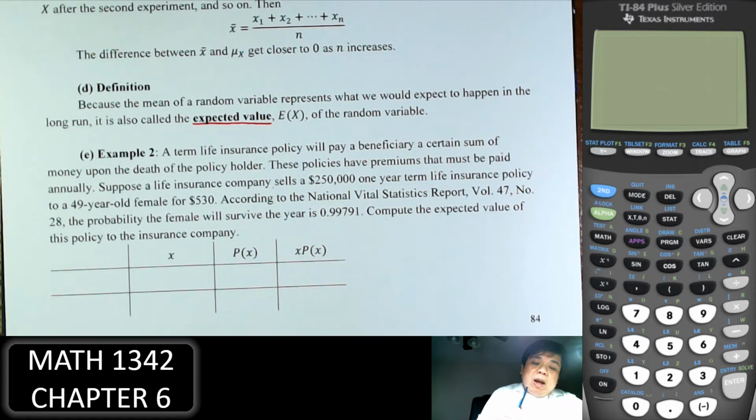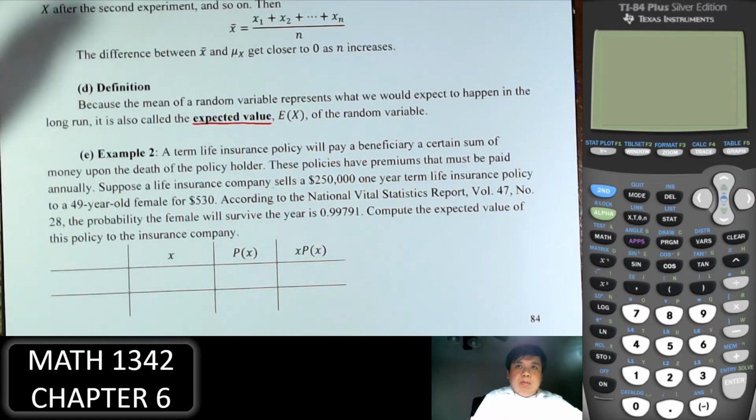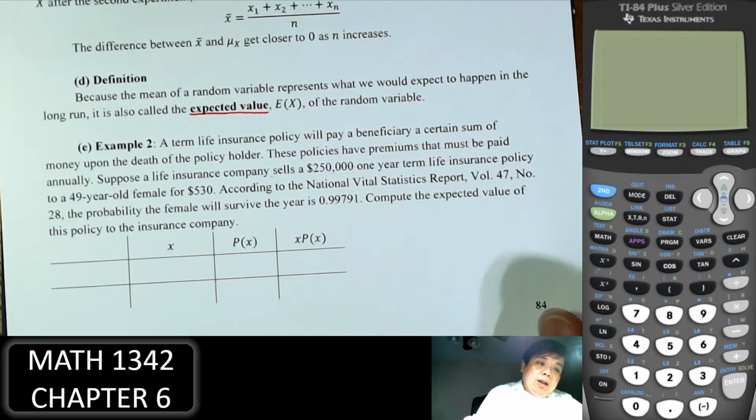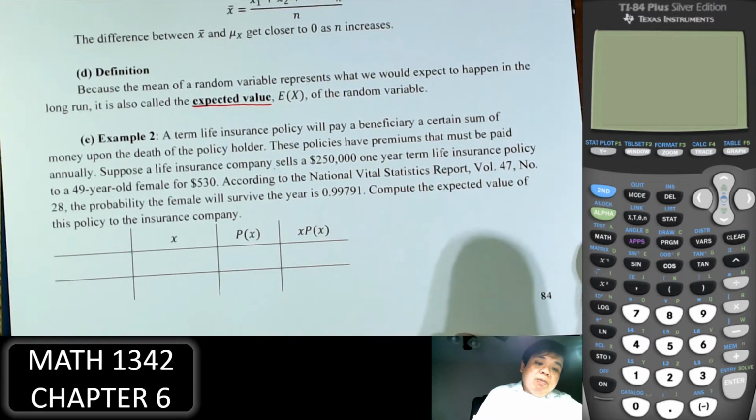Compute the expected value of this policy to the insurance company. So this is with respect to the company, right? Not with respect to the policyholder. This is with respect to the insurance company.